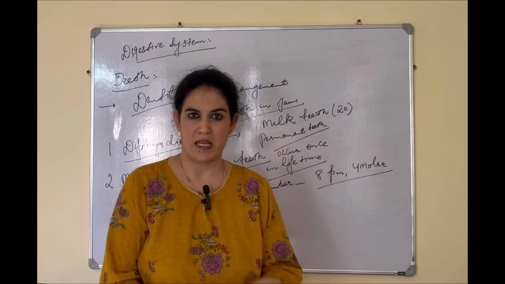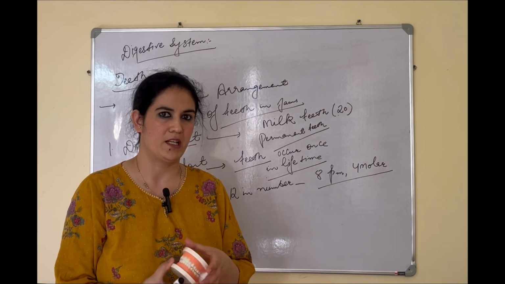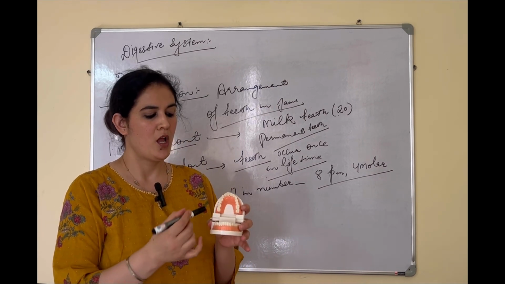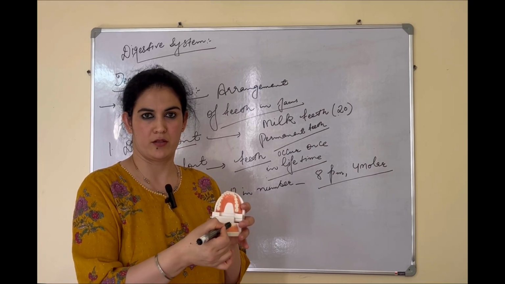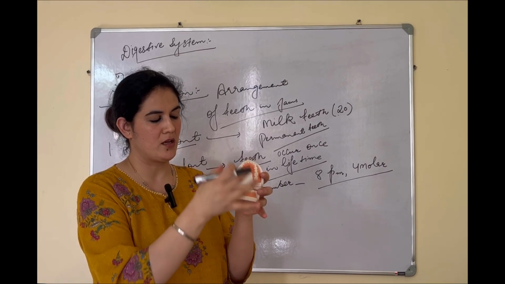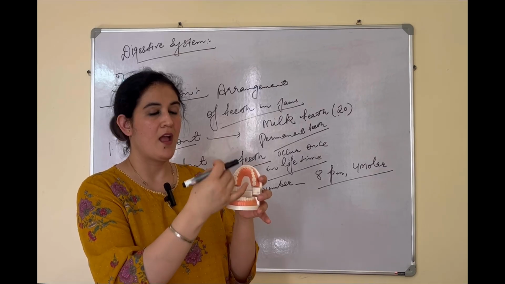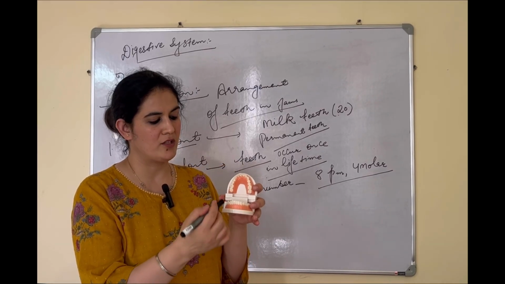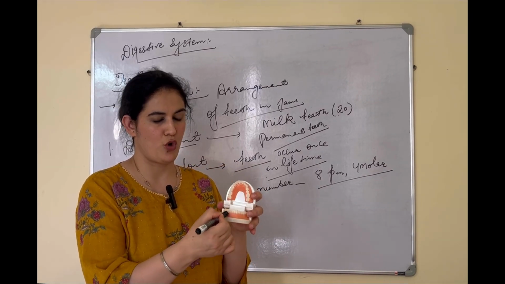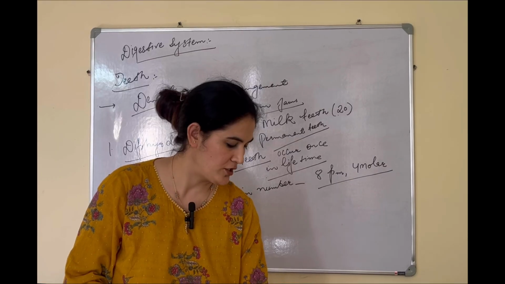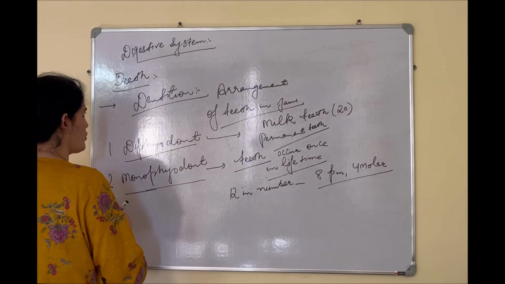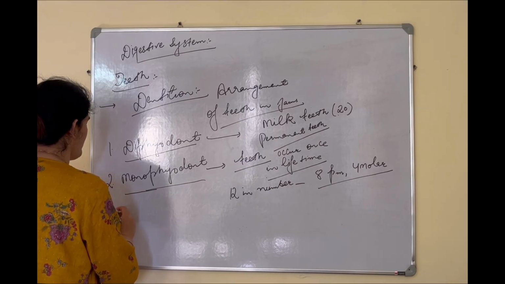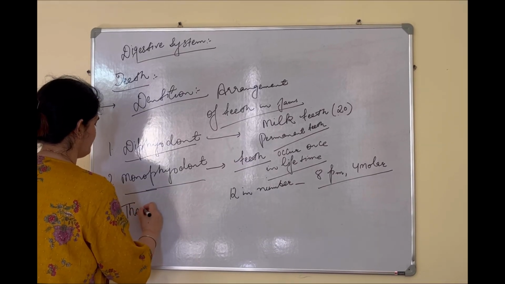Now students, see, if you see your buccal cavity in the mirror, here teeth basically are embedded in the jaws. They are not freely hanging here in our buccal cavity, they are just embedded in the jaws. So this type of dentition is called thecodont type of dentition. Okay, so I will write another term here, thecodont.